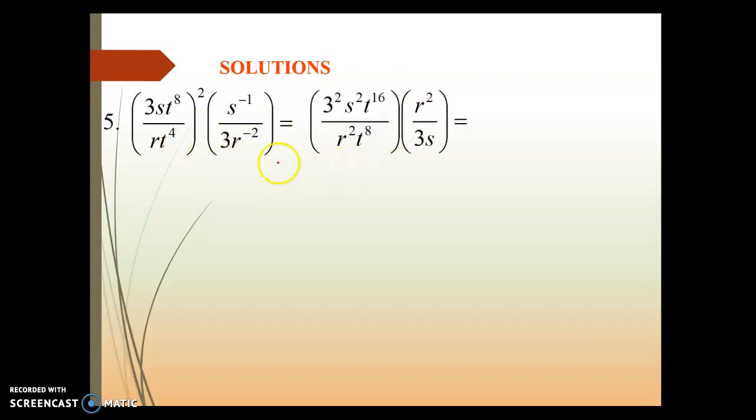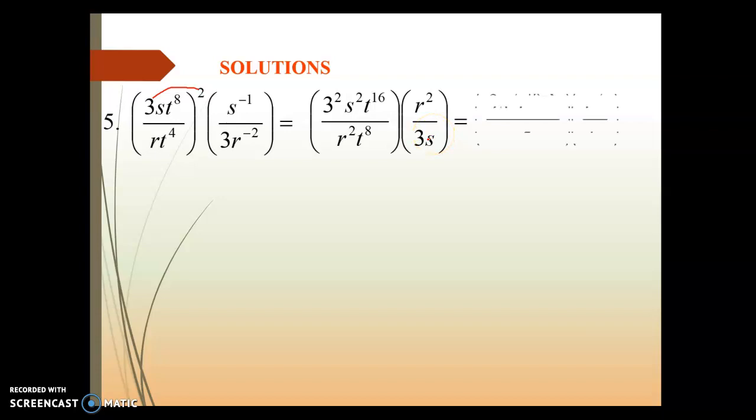First, I multiplied the exponent directly to all the terms that are inside the parentheses here, and in the second parenthesis I took the reciprocal of the terms that contain the negative exponent. So this is what happened. The r squared, the r is in the numerator and the s is in the numerator.